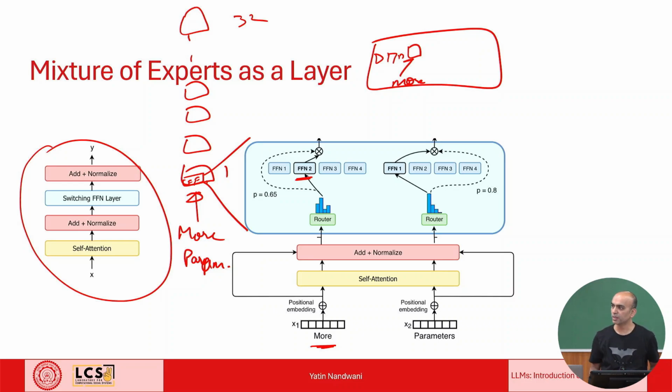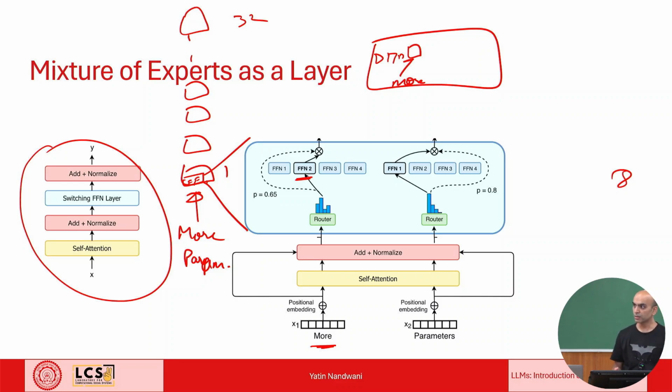And why are the number of parameters increasing? Because 80% of the parameters in a transformer architecture lie in the feed-forward network. Attention layers correspond to only 20% of the parameters, and we are scaling that up. If we have 8 experts, we have increased the model size by roughly 8. And why is training efficient?